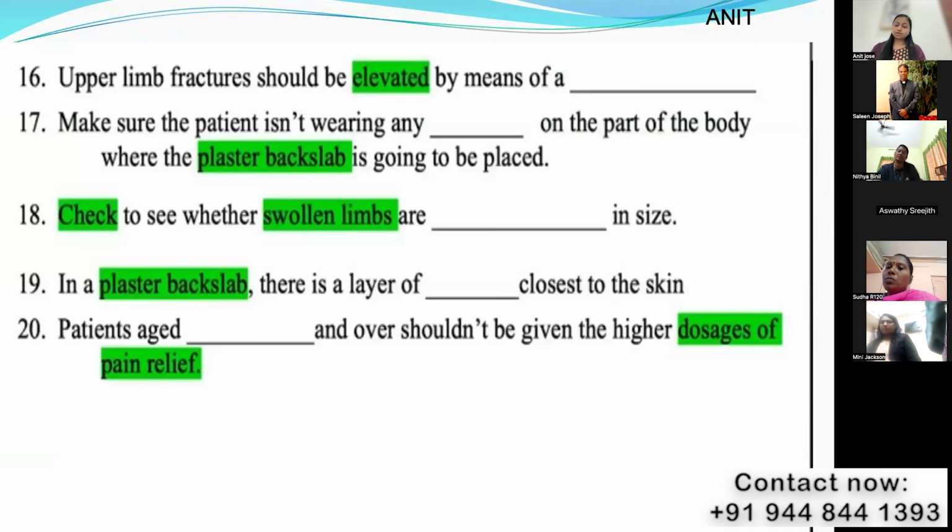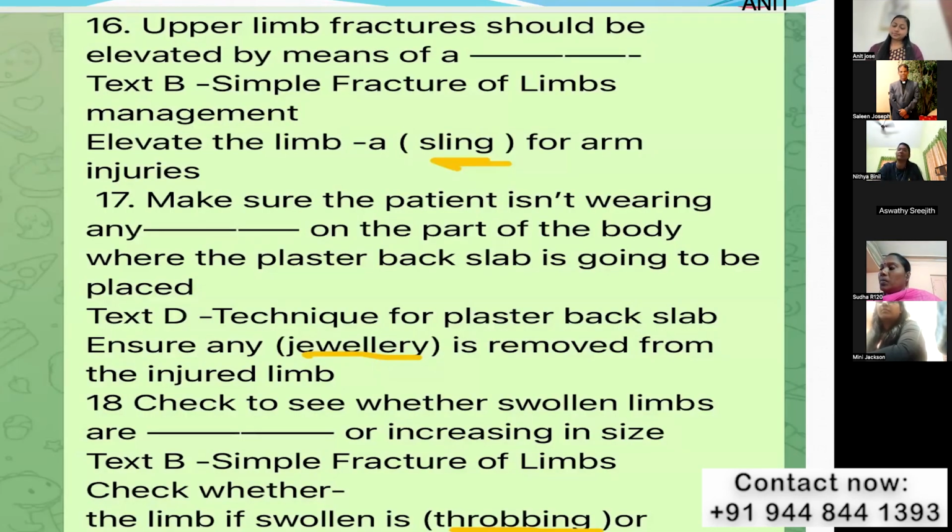Then question number 20. Patients aged dash and over shouldn't be given the higher doses of pain relief. Here the keywords are dosages of pain relief. It comes from text C, treatment.